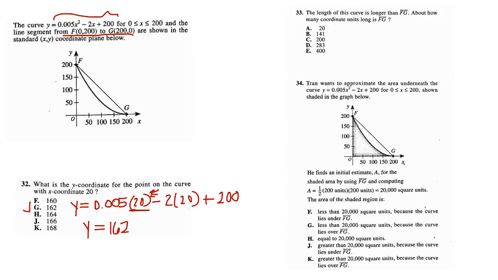All right, for the next question, number 33, the length of the curve is longer than the segment FG. About how many coordinate units long is FG? Now for this, we're going to need our distance formula. And a lot of people get confused about whether it's x2 first or x1.